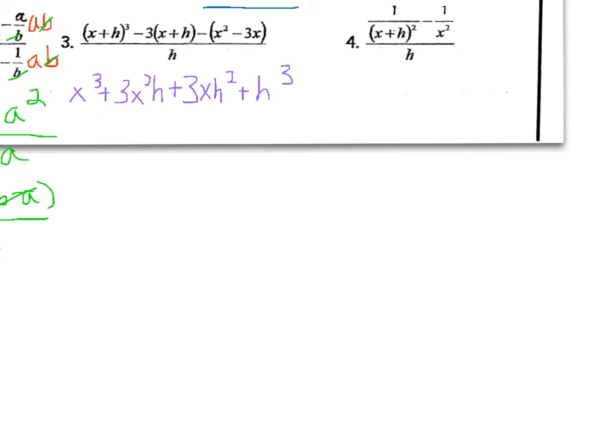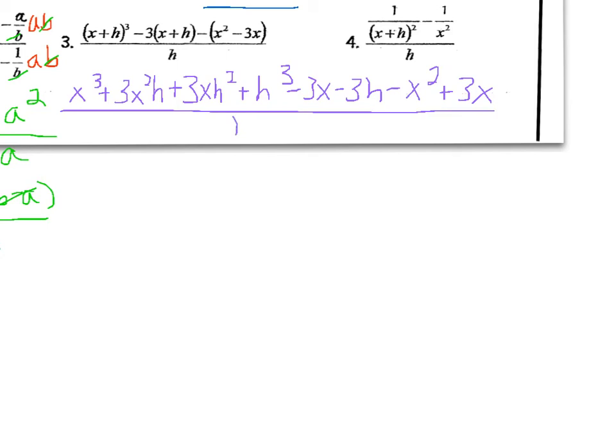And then we'll take the negative 3 and distribute it. So we have negative 3x minus 3h. And then we have negative x squared plus 3x. And this is still all over h.